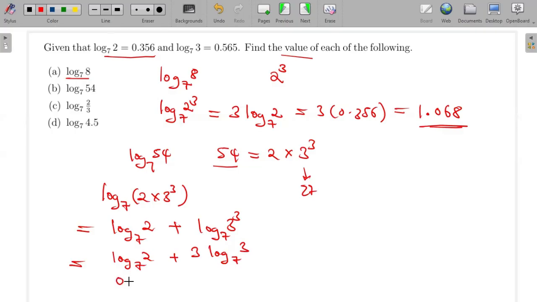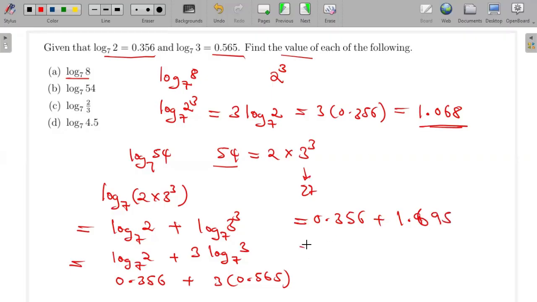And then I can replace, since I know log base 7 of 2 is just that there. So here I'm going to have 0.356, and then there I'll have 3 multiplied by 0.565. Okay, and this here is going to give me 0.356 plus, so I multiply 3 by 0.565, and that there is going to give me 1.695.